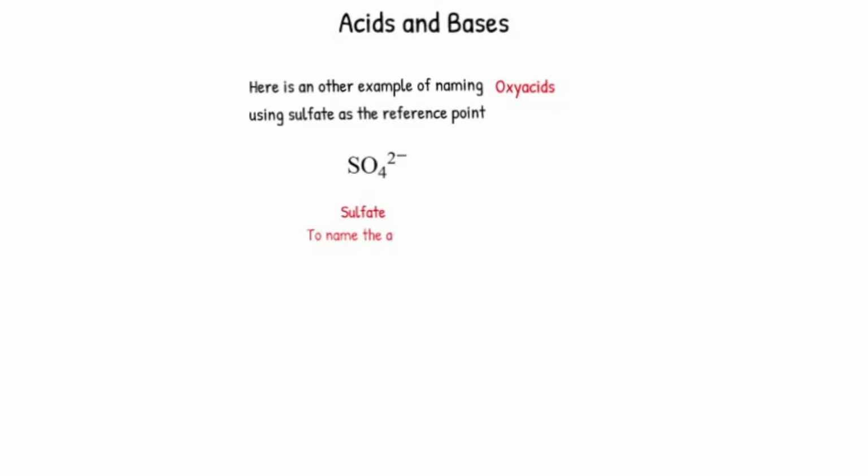Here is another example of naming oxyacids using sulfate as the reference point. Sulfate is SO4 2-. To name the acid, change the ATE to ic acid. This becomes H2SO4, sulfuric acid.